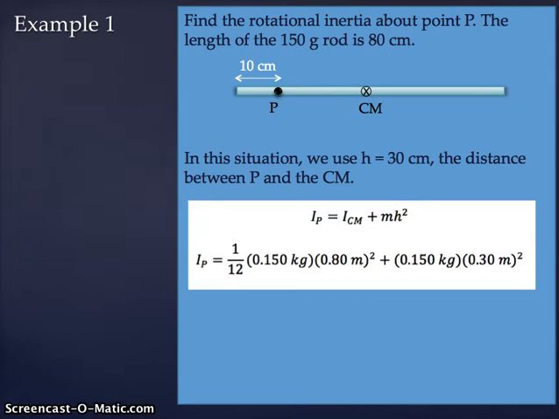It's the shift. So you can see here that we calculate the rotational inertia of the rod as if nothing had changed, as if it was rotating about its center of mass. So the full mass of 0.15 kilograms, the full length of 0.8 meters into the 1/12 formula.